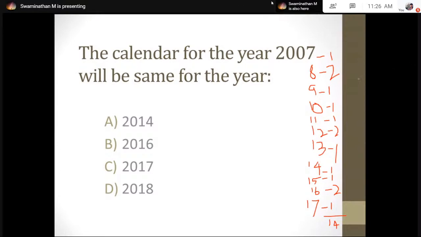Okay. 2018 is the answer because calculating from 2007 to 2017, we will get 14 odd days, which is 0 odd days. So 0 odd days means next 2018 will repeat.